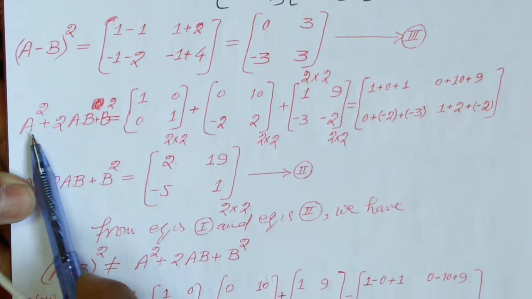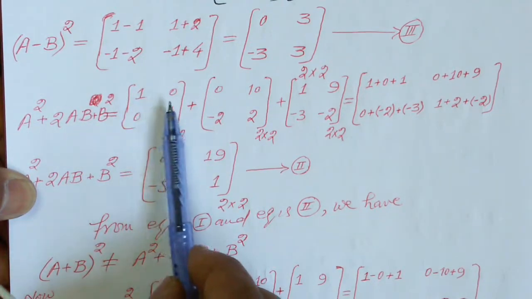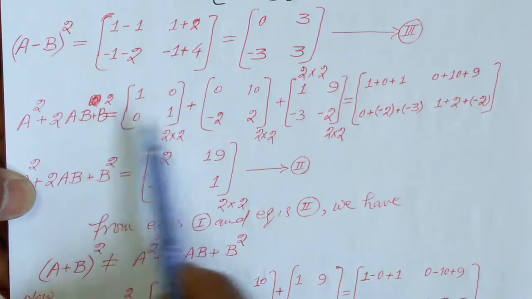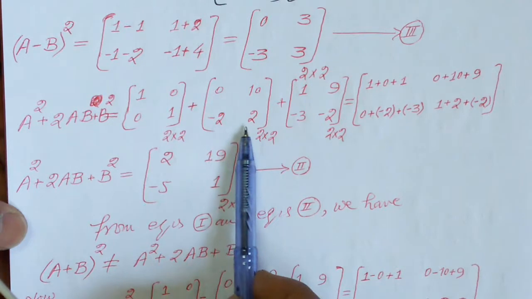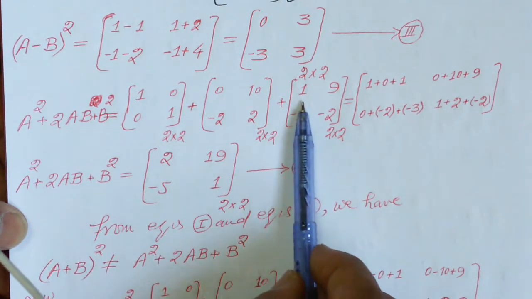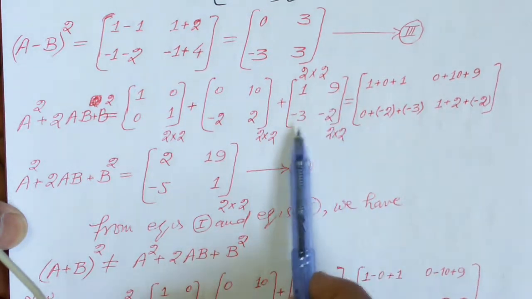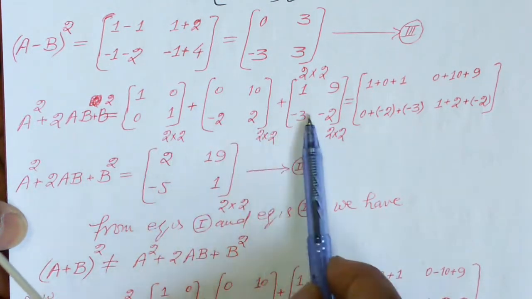Now to calculate A square plus 2AB plus B square. A square is equal to 1, 0, 0, 1. 2AB is a matrix equal to 0, 10, 2, minus 2. B square is a matrix having elements 1, 9, minus 3 and minus 2. Add these matrices.